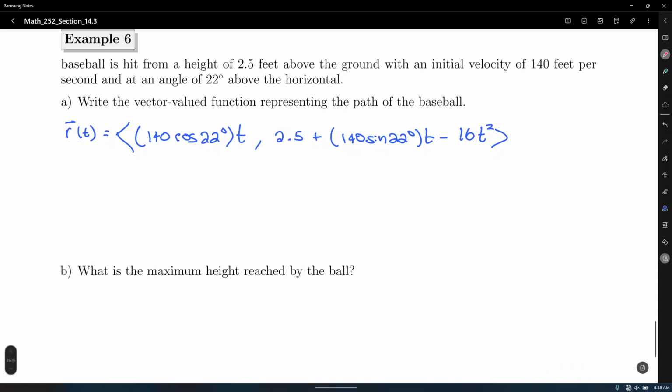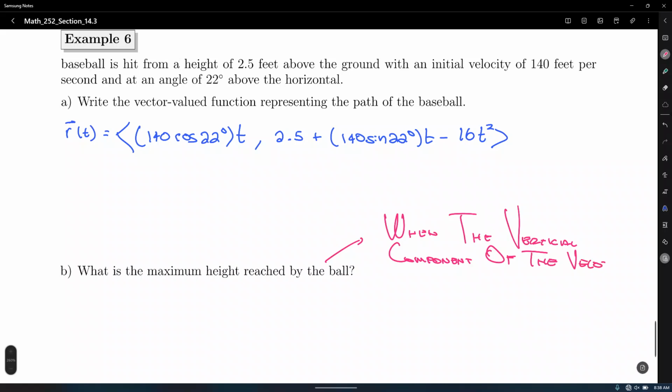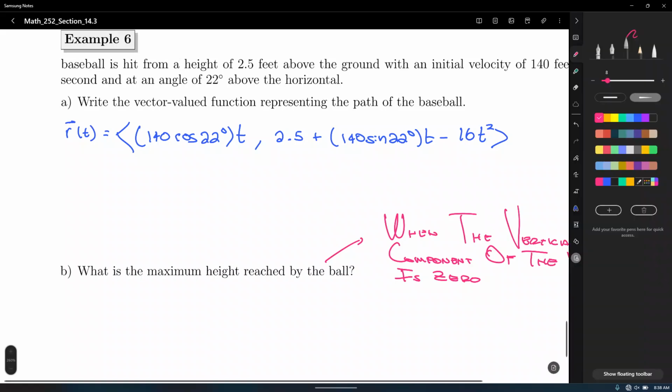So that is when the vertical component of the velocity equals 0. That means we need to take the derivative of this vector valued function.